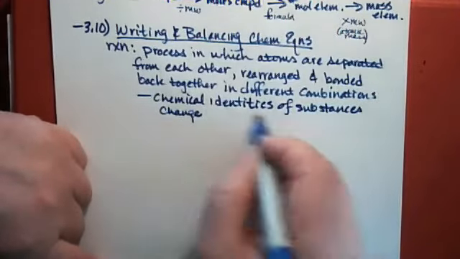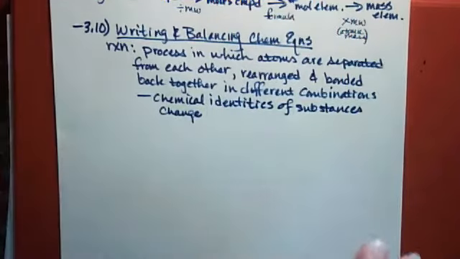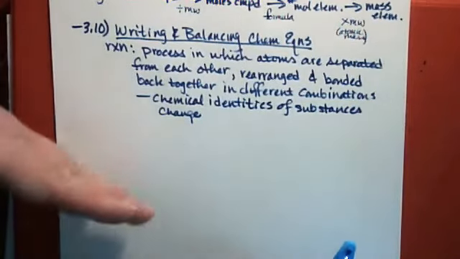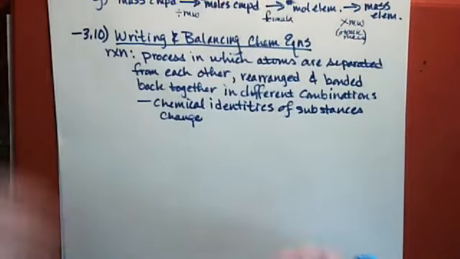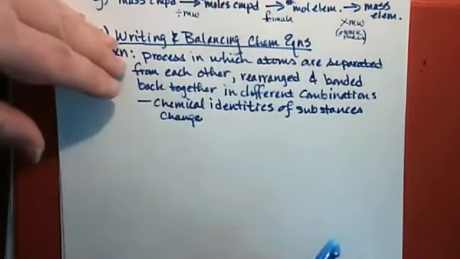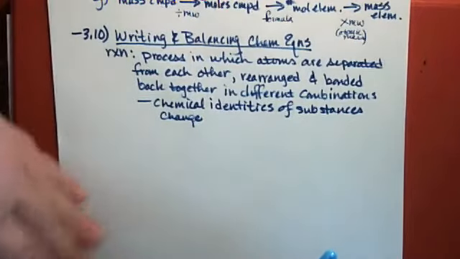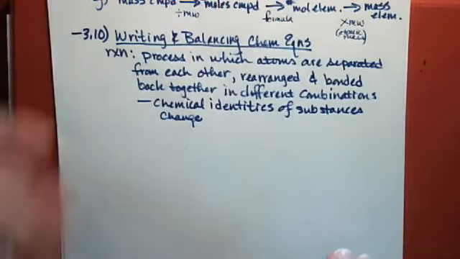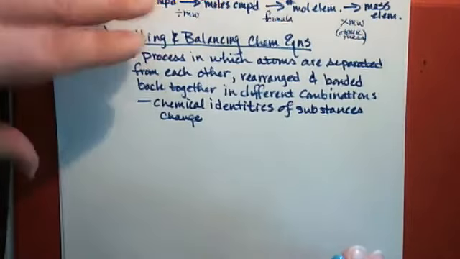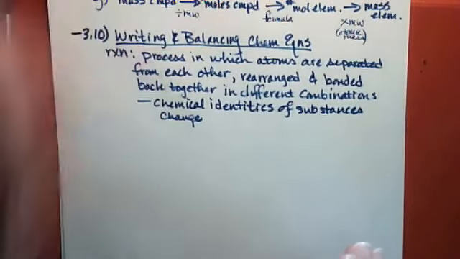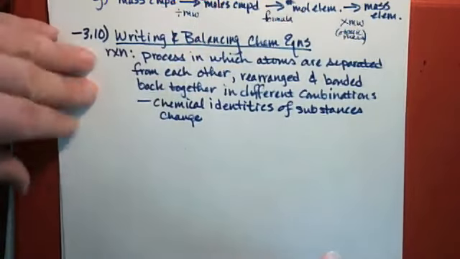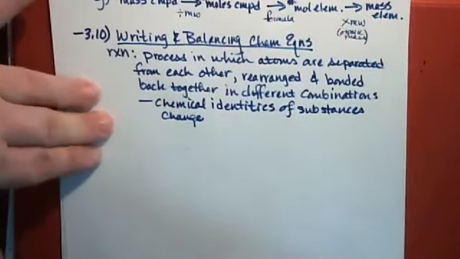And part of a chemical reaction is that the chemical identities of the substances present have to change. And so we're talking like the molecular formulas of the substances have to change. It's not just a change in state, like H2O liquid going to H2O gas when you boil water. That's a physical change, not a chemical change. So that's not a chemical reaction.